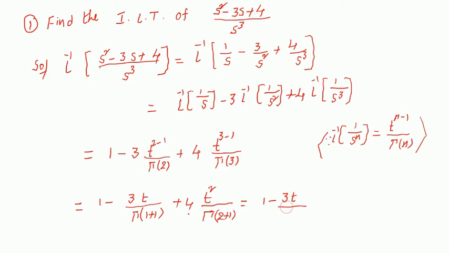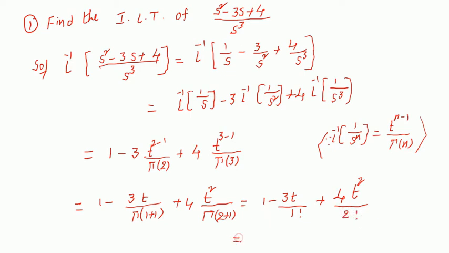Gamma of n plus 1 is n factorial, so 1 factorial, and for the last term 2 factorial.